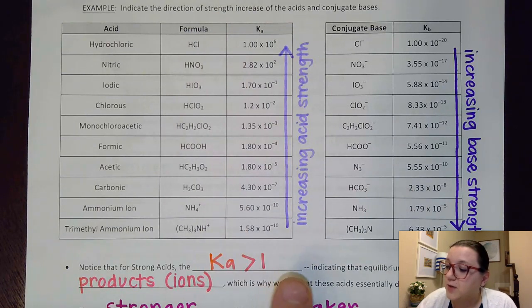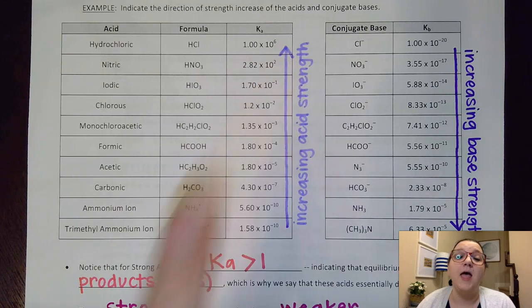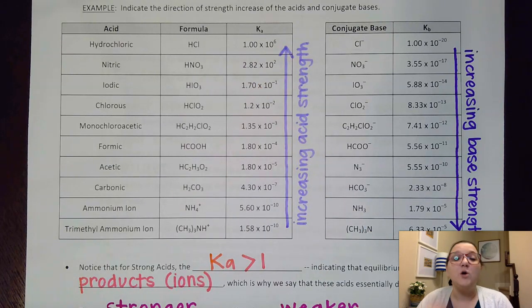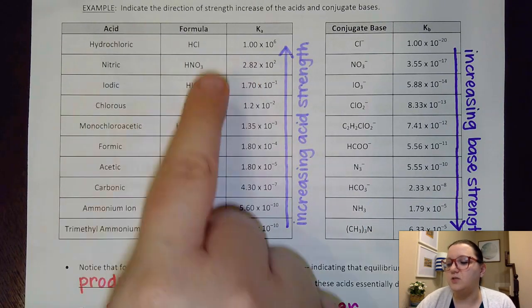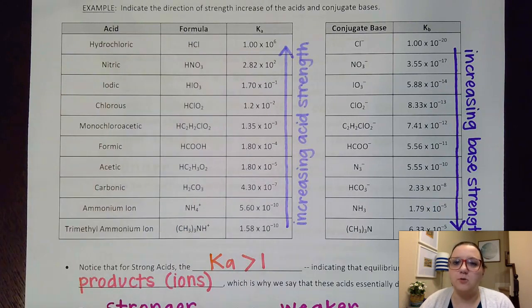So that means that we have an increasing acid strength as I move up this chart, which should make sense because we notice at the top of this chart, we have hydrochloric and nitric, and hopefully we recognize those as being two of the acids that are on our strong list. However, look what happens with these conjugate pairs.